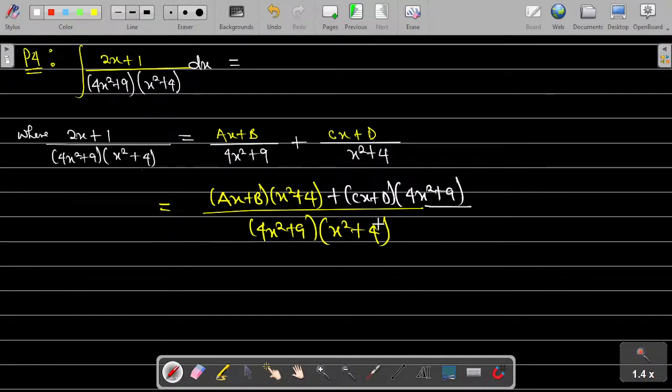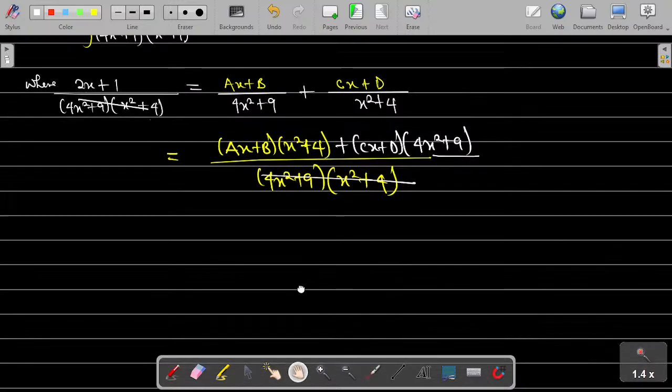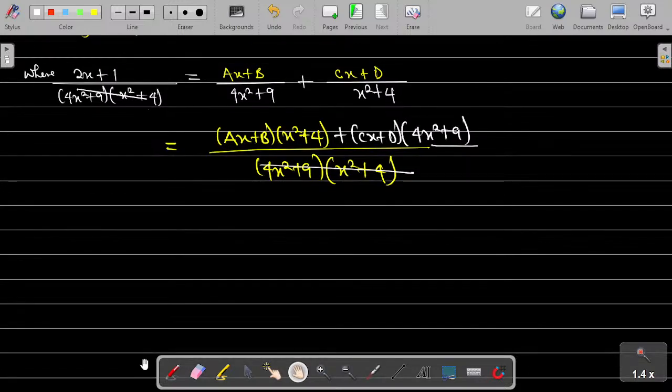These two common denominators will cancel out, and the numerators will be equivalent.